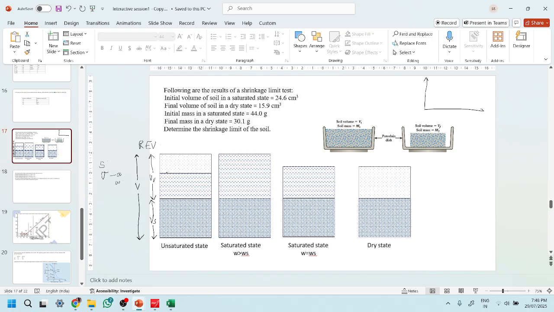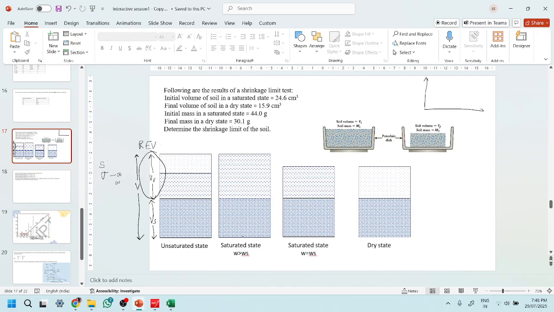So we want to calculate the shrinkage limit. What we want basically to calculate is this volume of voids, which is the minimum water content required for saturation.